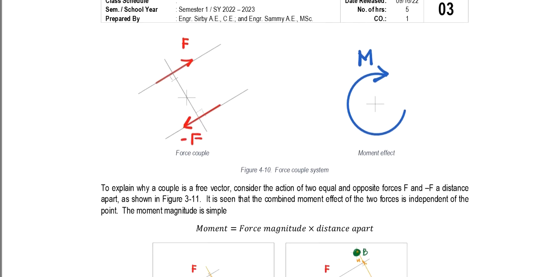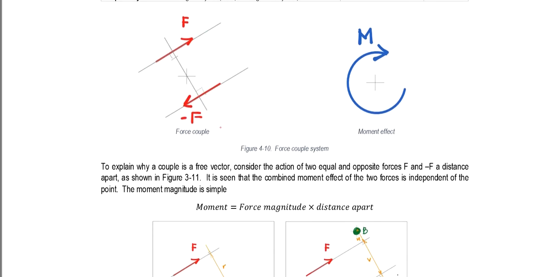As you can see here in the figure, we have a force couple with the same magnitude but in opposite direction, and it only causes this rotational effect.